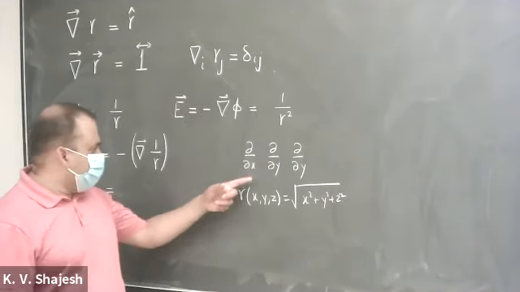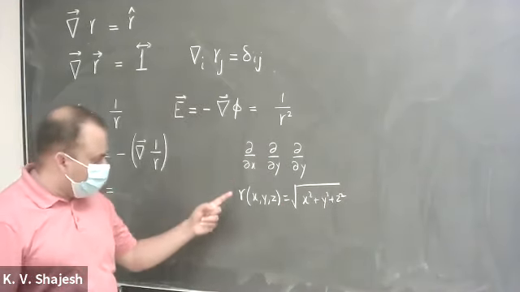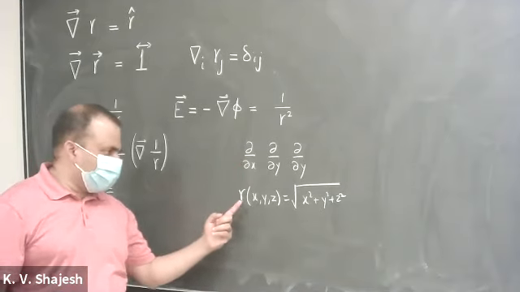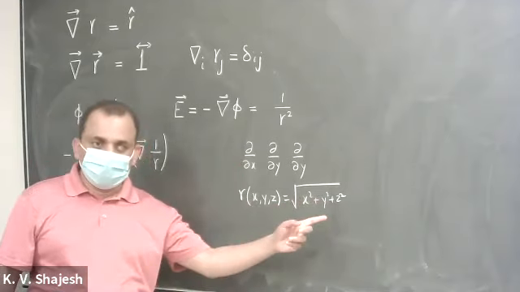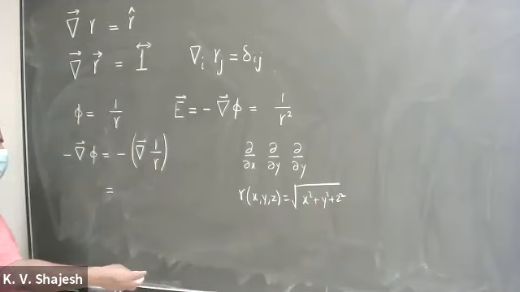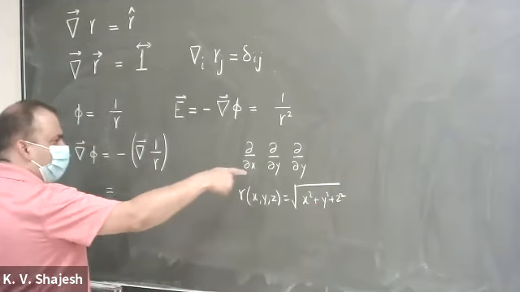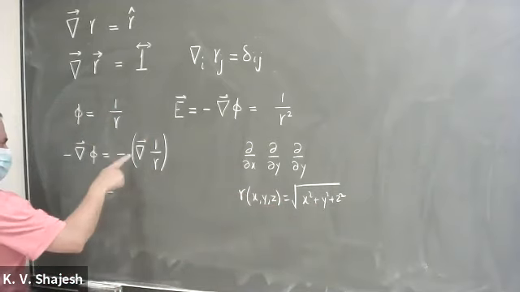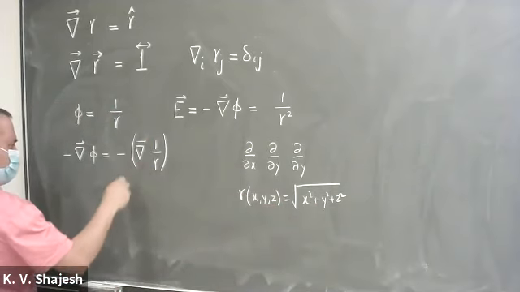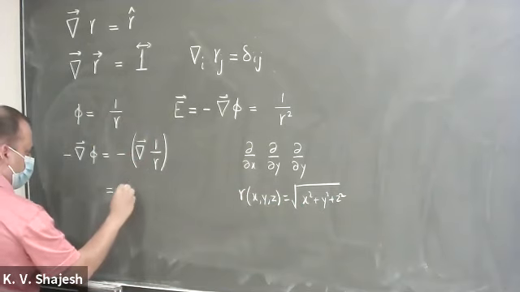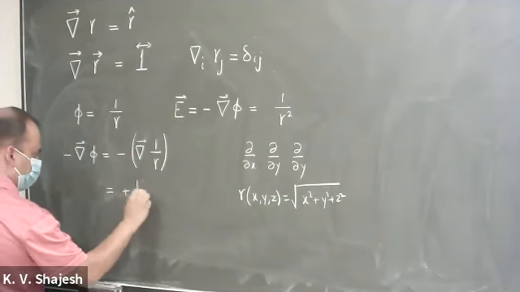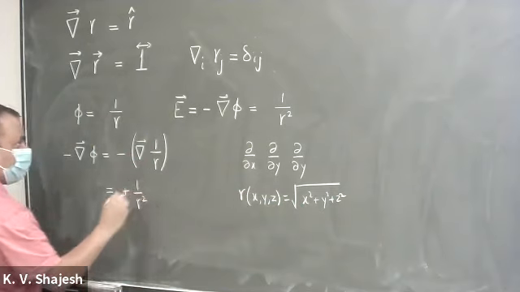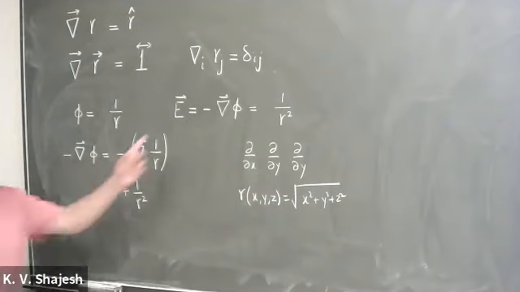That's how you want to look at this. You're taking the derivative with respect to x of this function, which has this form. How do you take a derivative of a function whose functional form is given? You take the chain rule. So first take the derivative of 1 over R. That's plus 1 over R squared. By the way, what is wrong in this?